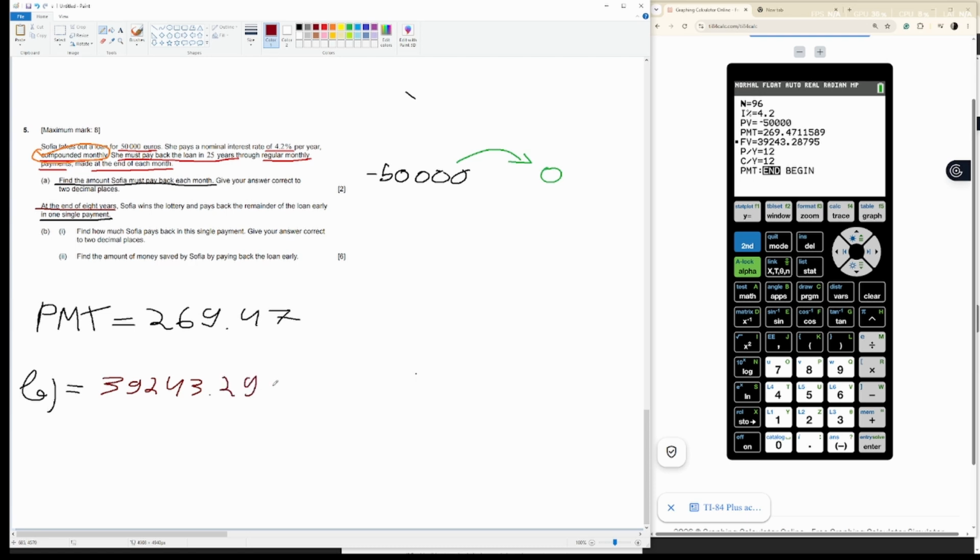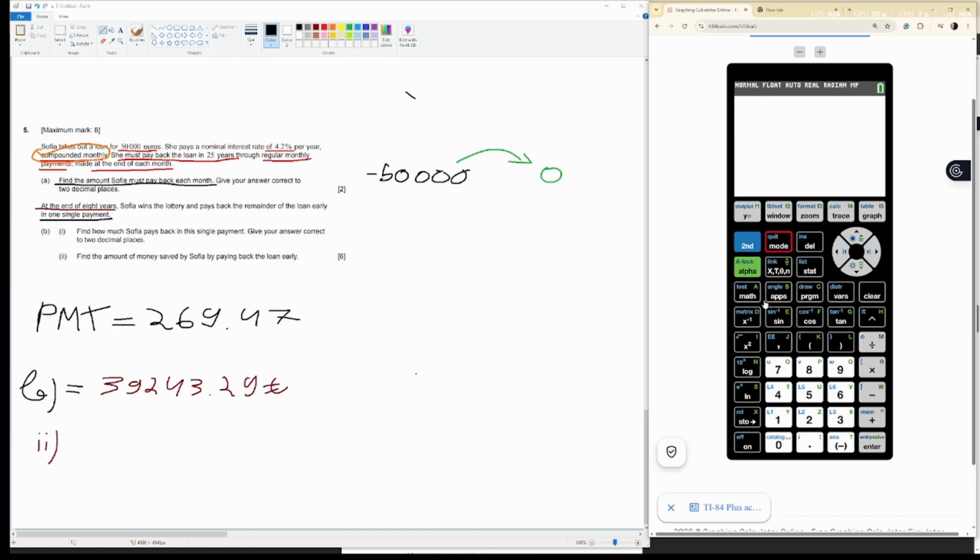39,243.29 euros. And then we go to part C, which asks how much money she saved. So we know that in total the number of payments needed was 25 years of monthly payments, times 269.47.